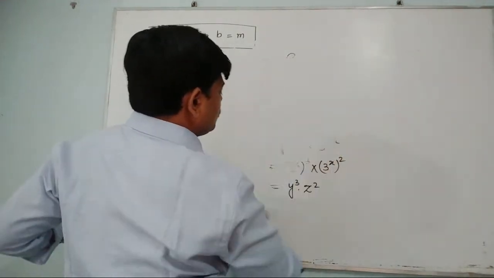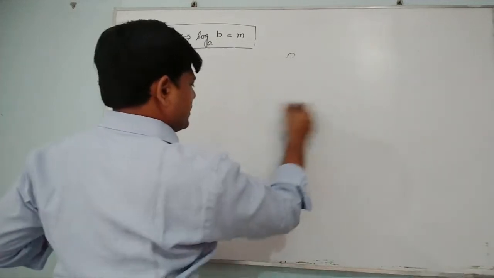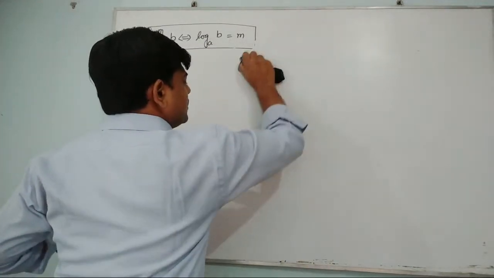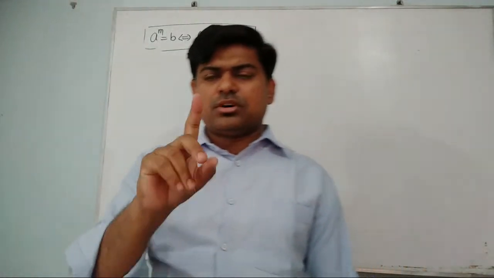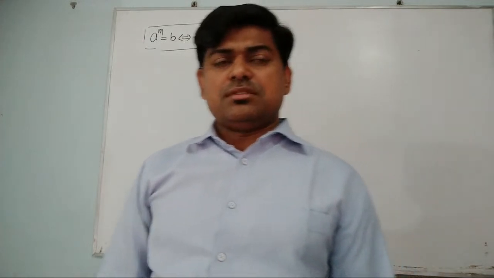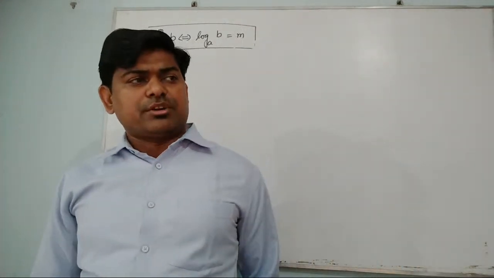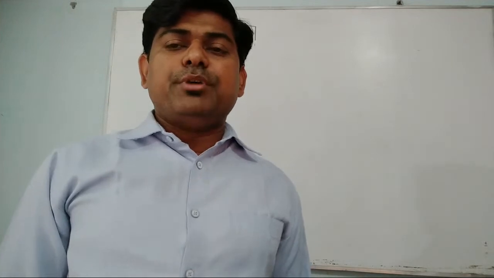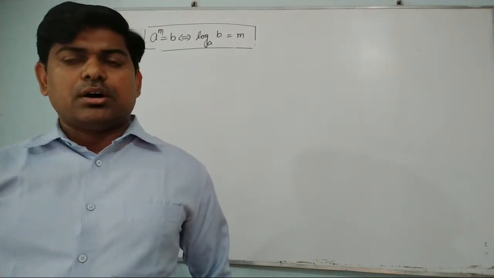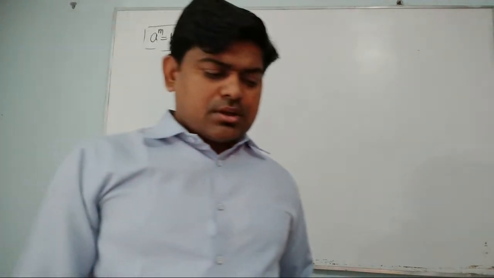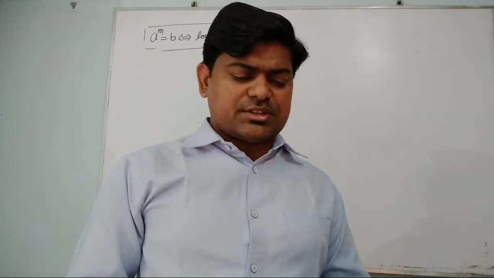Always keep in your mind, and again I'm repeating myself, if somewhere the base is not given and we are talking of numeric numbers, actually one more base used to be there, that is base e, but at your level, whenever we are talking about logarithm, the base will be 10. If the base is not given, we will take it as 10.